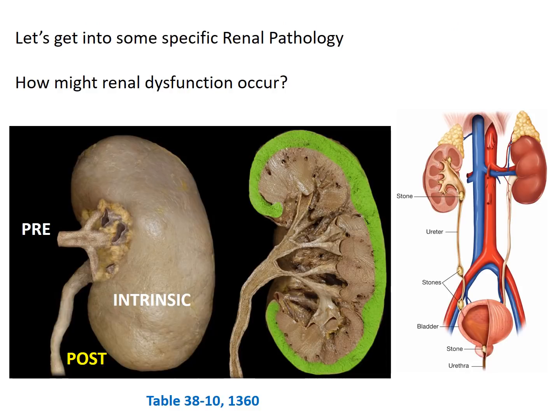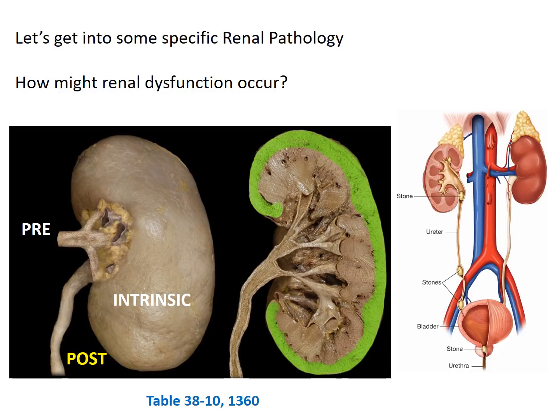Okay, now we're going to get into some specific renal pathology. And as we talk about renal pathology, we're going to be talking about pre-renal, intrinsic, and post-renal pathology. So what can affect the kidney? If something affects the kidney before it gets there, we refer to that as pre. If we're talking about pathology that happens directly in the bean itself, that's intrinsic.